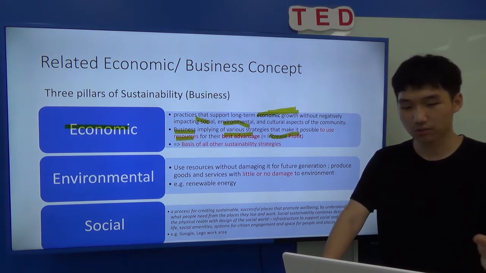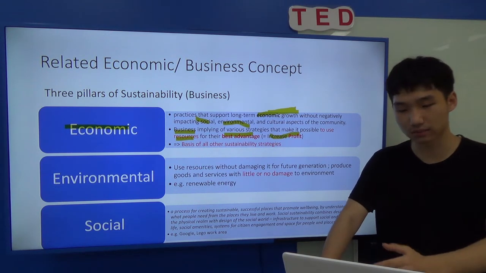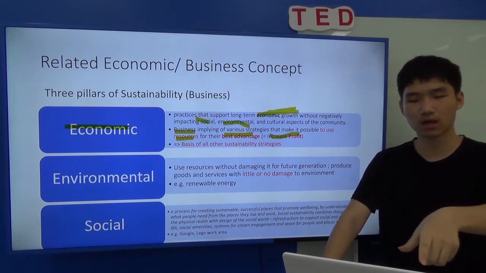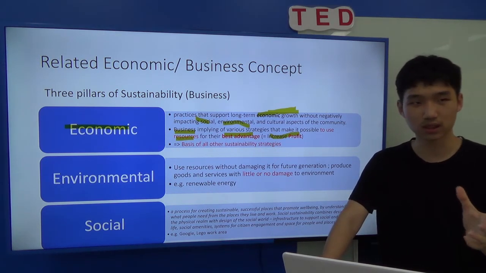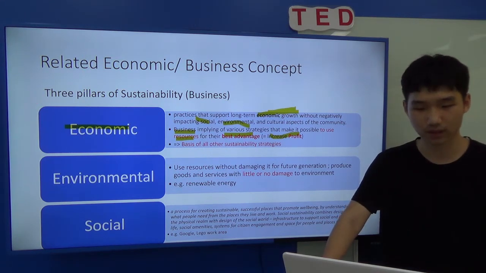So this economic sustainability, which is increasing profits, is the basis of all other sustainable strategies. So only if you have economic sustainability, you can actually fund for environmental and social sustainability.